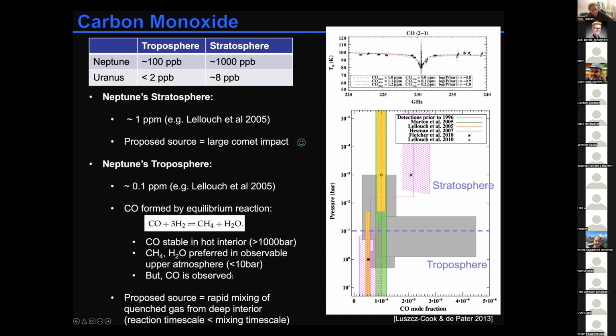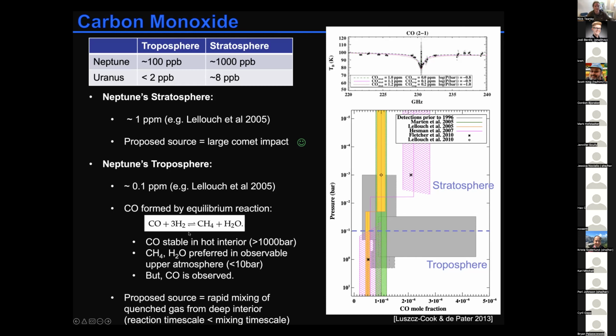So how do we actually get this internal CO up to explain this tropospheric abundance? One suggestion is that if this mixing is rapid enough that you can get the CO into the troposphere before it's got time to decompose, then you can quench the reaction and have CO frozen in place, because as you go to lower temperatures, this reaction rate becomes less efficient.